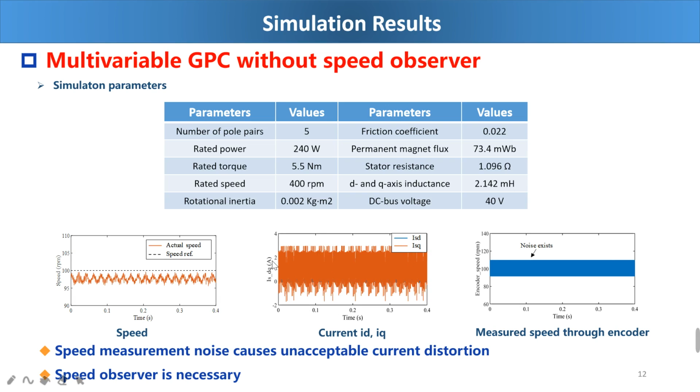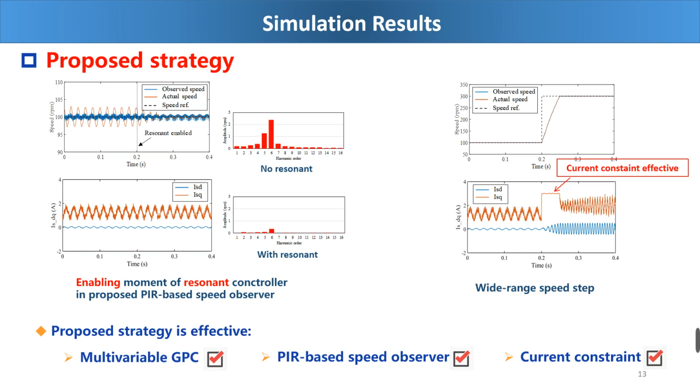So here in the simulation results, we can also see this high frequency distortion in the current, and the noise in the speed can also be observed. From this result, we can see that the speed measurement noise causes unacceptable current distortion, and the speed observer is necessary.